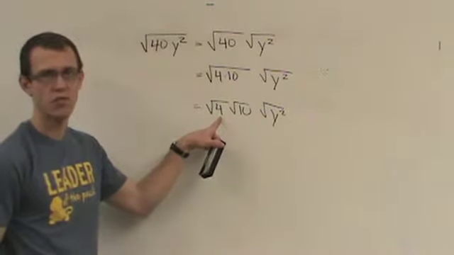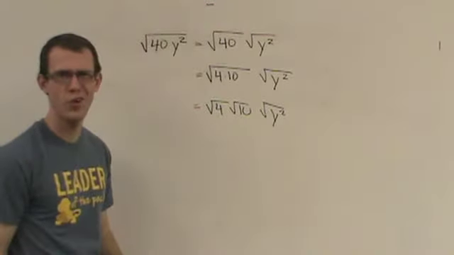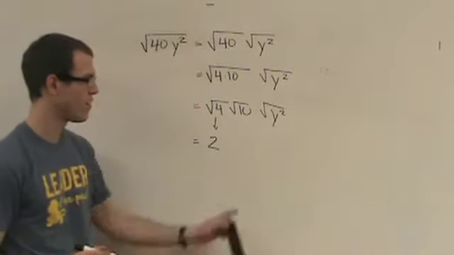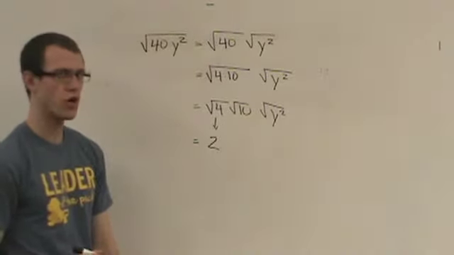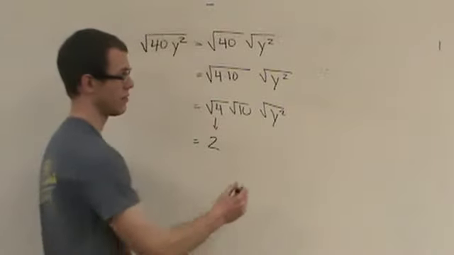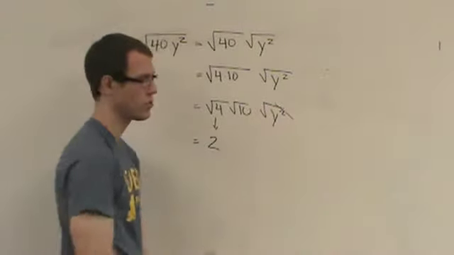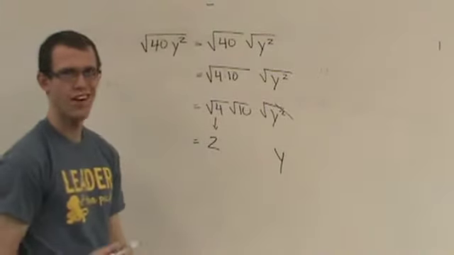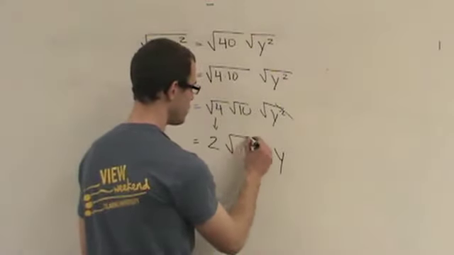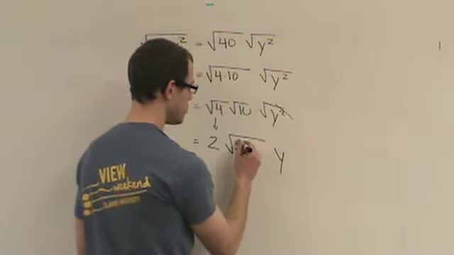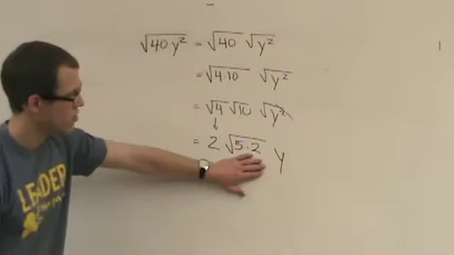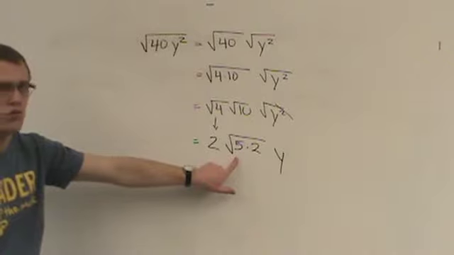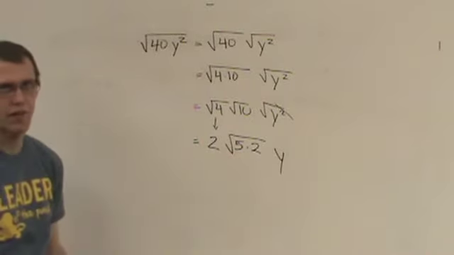And now, I can start simplifying. The square root of 4, we know that's 2. It's a perfect square. So the square root of 4 became a 2. And look, there's a square root and a y squared. That means the radical cancels out the square, so we're just left with y. Now what about the square root of 10? We could break that down if we wanted to into 5 times 2. But looking at this, that doesn't really help us because there's not going to be a square root of 5 or a square root of 2 to make a pair.